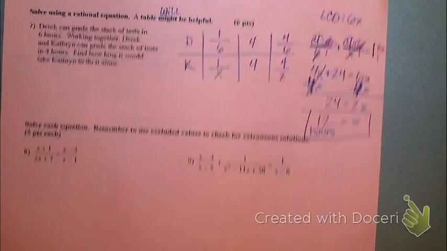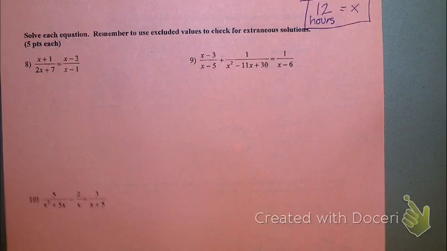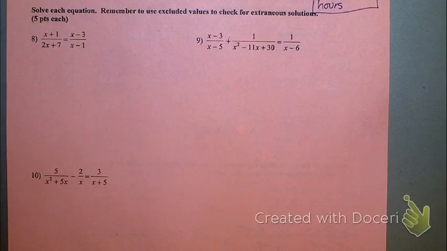Okay, all right, last 3 problems. Solve each equation. Remember to use the excluded values to check for extraneous solutions. Does it say I need to list what the excluded values are? No. It does not say I need to list them. Is it helpful to list them?